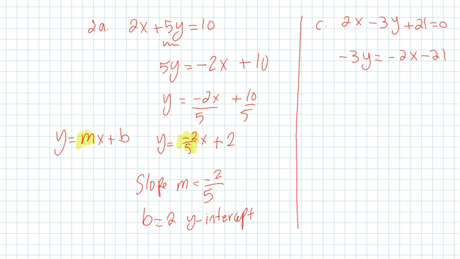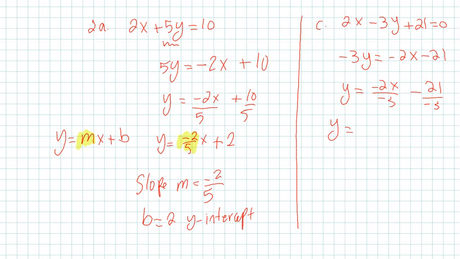Now what's the next step? Divide by negative 3, because I want to get rid of that number that's multiplied by y. So 2 over 3x: negative 2 over negative 3.